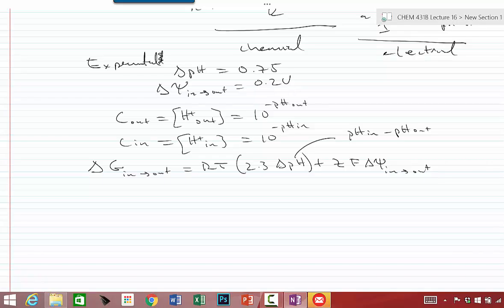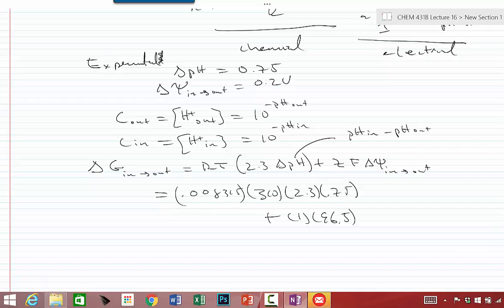So we're going to get 0.008315 times the temperature, which is 37 degrees, what is that, 310 Kelvin, times 2.3 times 0.75, and then the second term is going to be plus 1 times 96.5, and then we've got this other term, which is 0.2 volts.